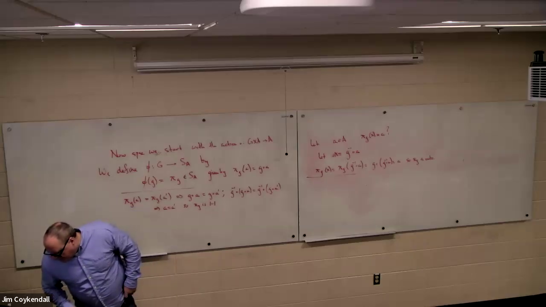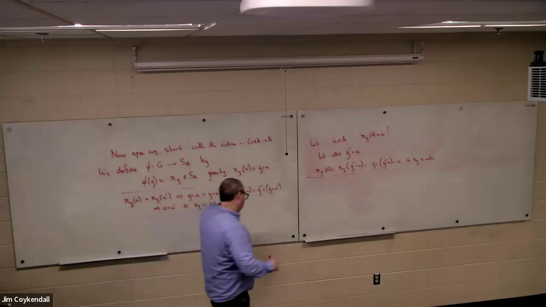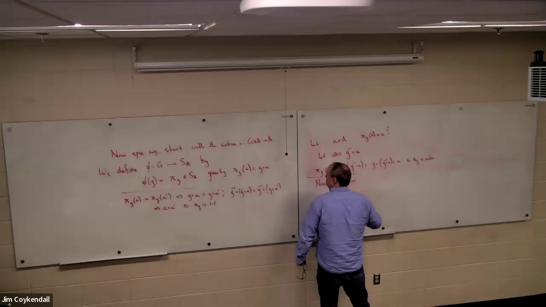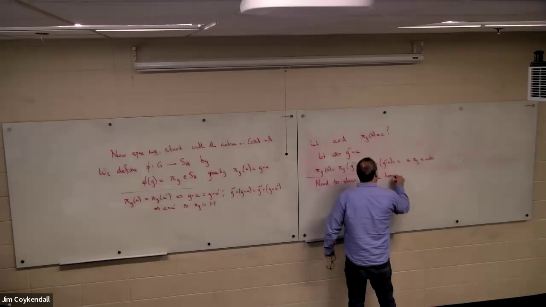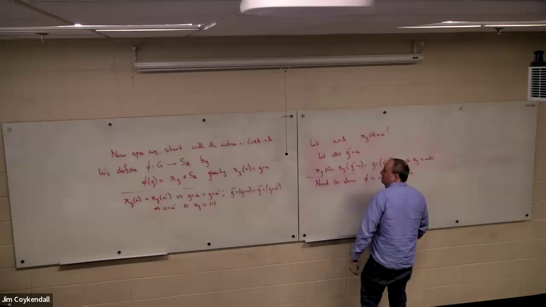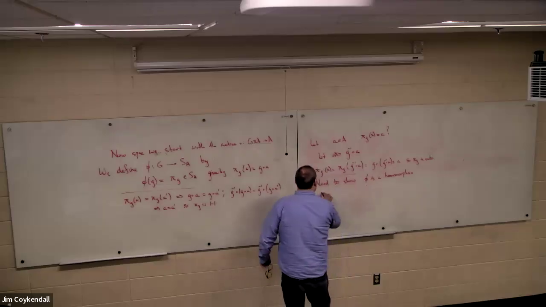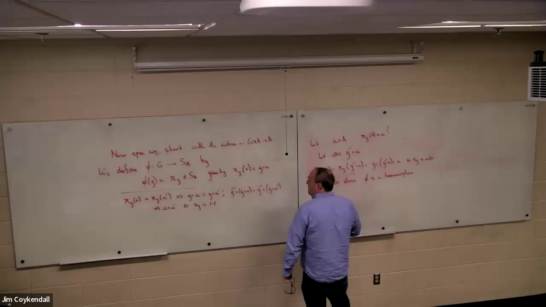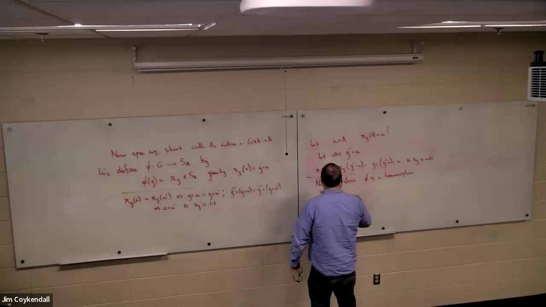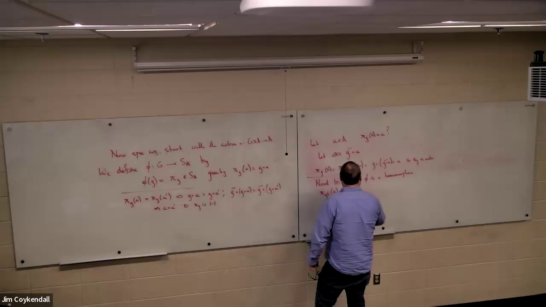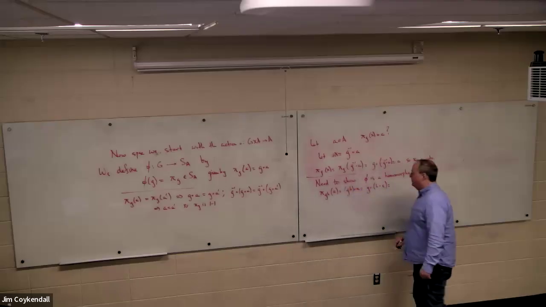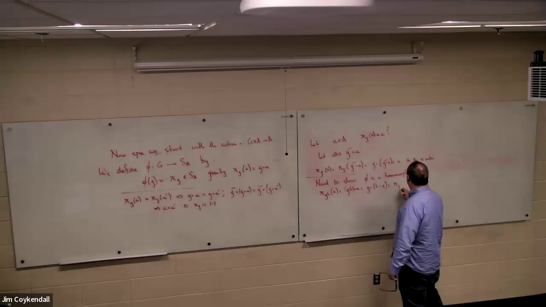So to see that, let me point out first that if you look at pi gh of a, this is gh acting on a, which is g acting on h acting on a, which is pi g of pi h of a.